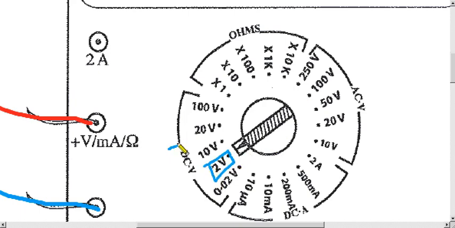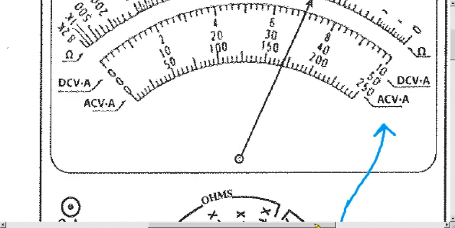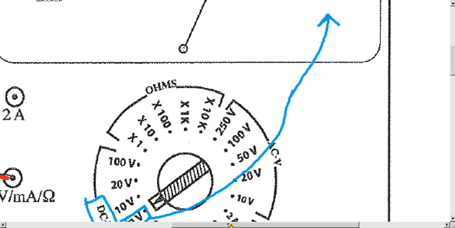Now this DC volt category and the 2 volt value you should bring to the end of this scale. First of all you have to choose between the two categories, AC volt and DC volt. From these two you have to choose DC volt. Ampere we don't want, because they have turned to the DC volt range, so we are not going to measure ampere.